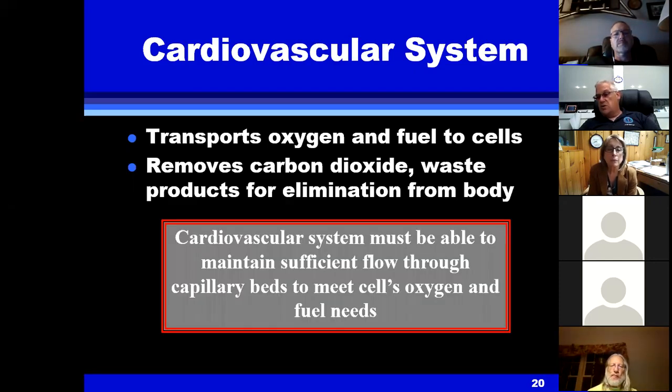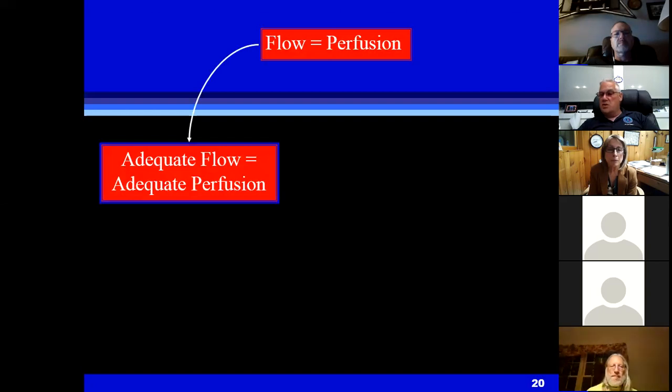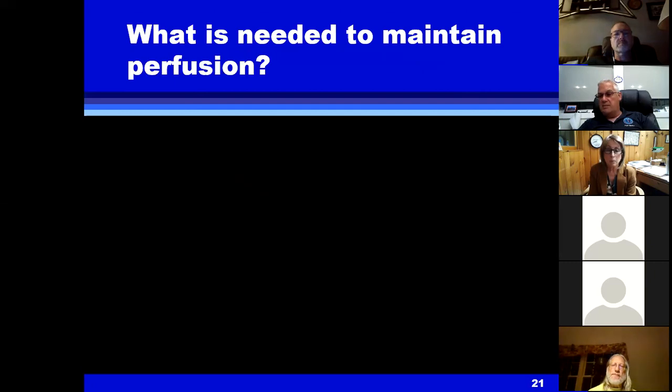So the cardiovascular system has to be working well enough to get blood to the capillaries so that perfusion, which is the leaking of those substances from the capillaries into the cells, works. You need good blood flow to have good perfusion. If you have adequate flow, you usually have adequate perfusion. We're going to talk about some situations where you don't. When you have inadequate flow, then you have inadequate perfusion, which we call hypoperfusion, and obviously hypoperfusion and shock are the same thing.